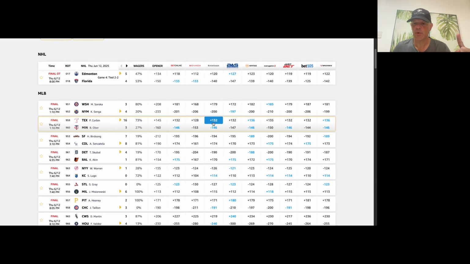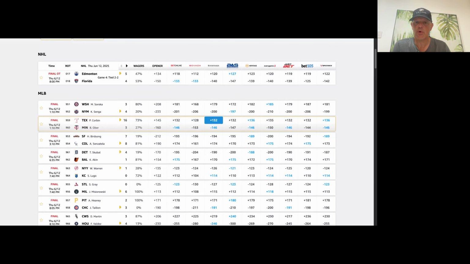The trigger point for this top-down concept is that we're going to look at underdogs only. I'll explain that later as well. We look at where the line opens and where it closes with at least a 10-cent move. That's just what old school guys called it, a 10-cent move, meaning here plus 145 minus 132 is actually 13 cents.